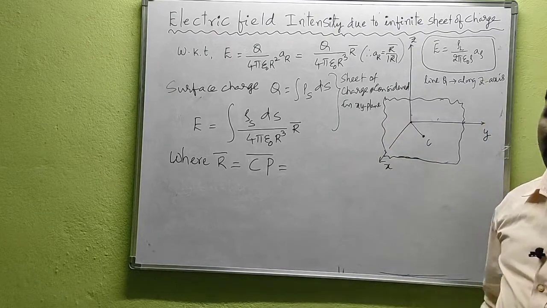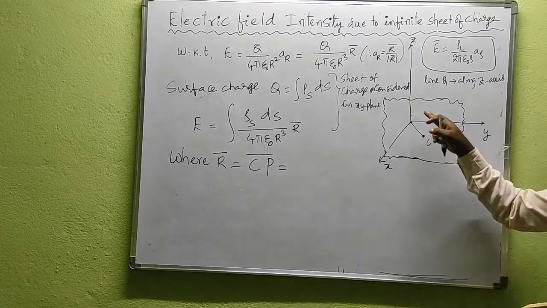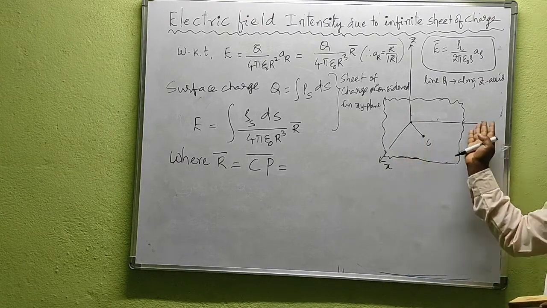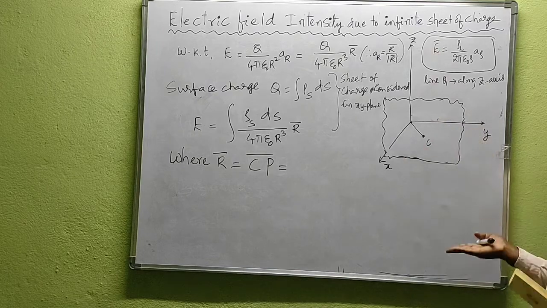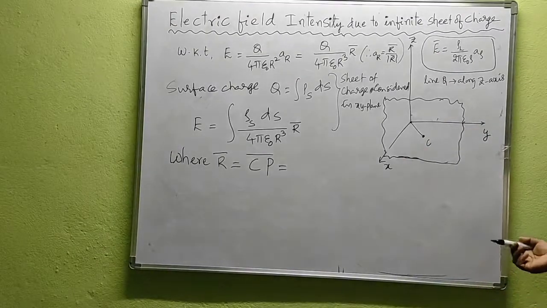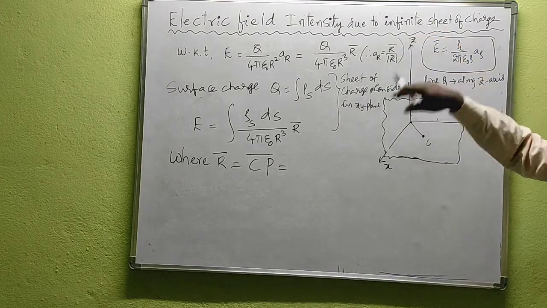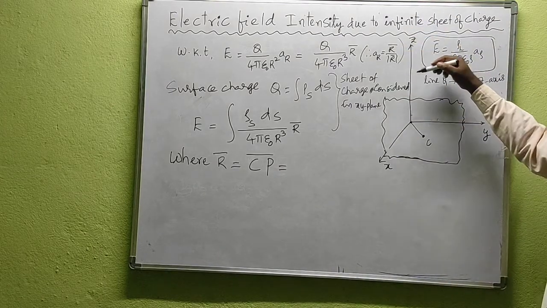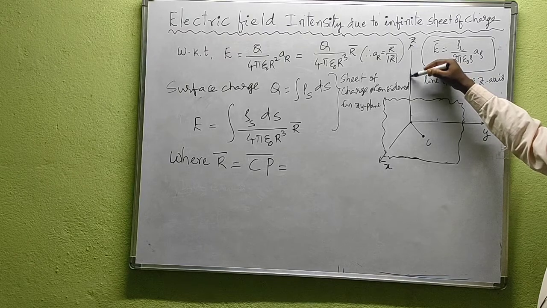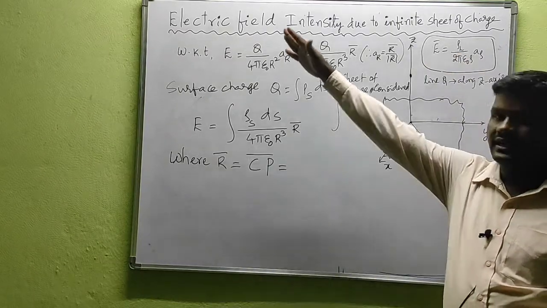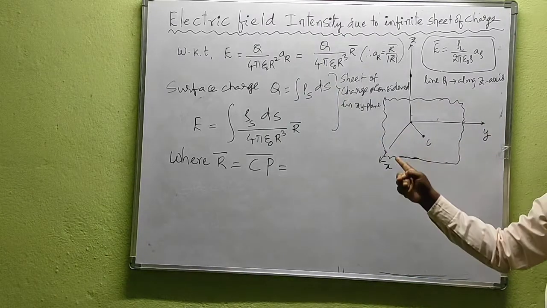Definitely it should be perpendicular to the xy plane, and z is perpendicular to the xy plane. So we need to determine the field along the z direction only. That means we need to take the field point on the z axis, because E should be along the z direction, since we considered the sheet in the xy plane.